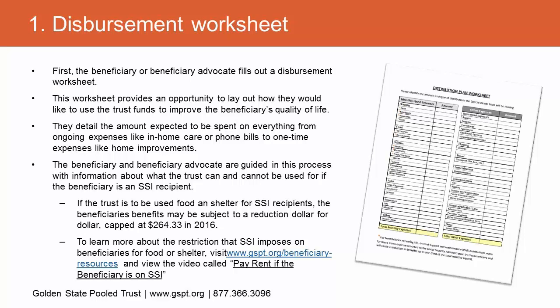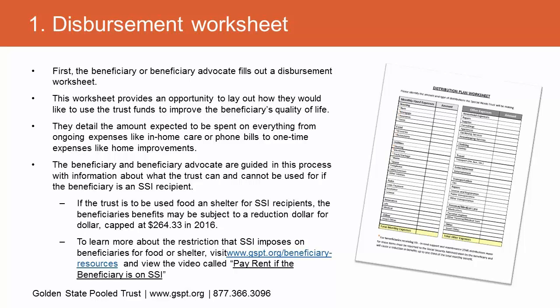So it's actually multiple pages, and on it they detail the amount expected or hoped to be spent on everything from ongoing expenses like $1,000 a month for in-home care or the phone bill every month, to one-time expenses like home accommodations or buying a van or updating the bathroom.